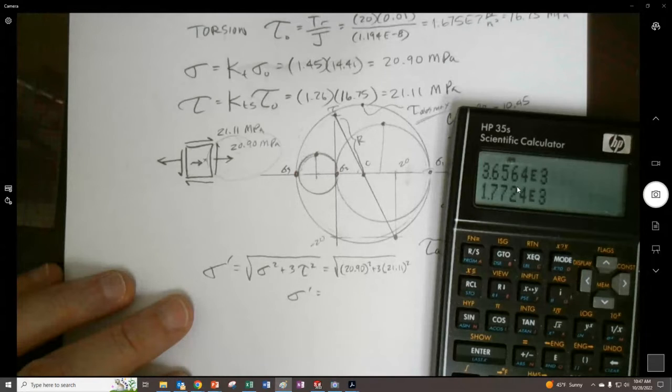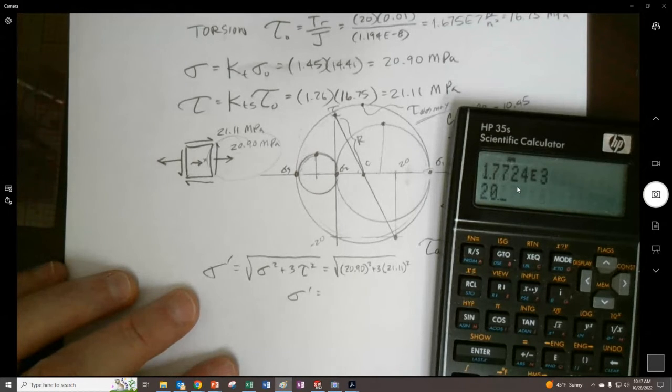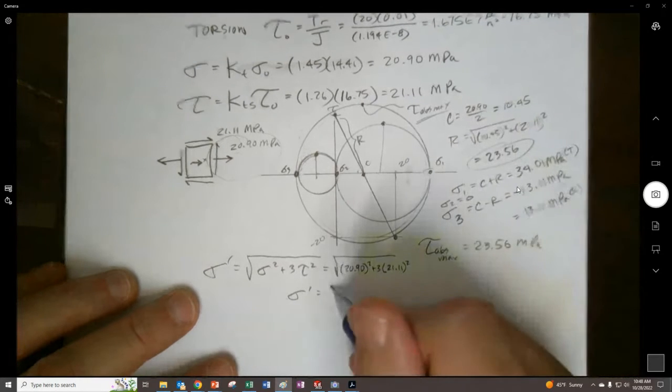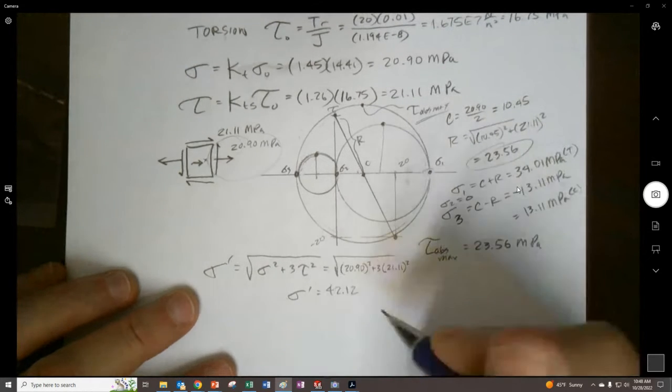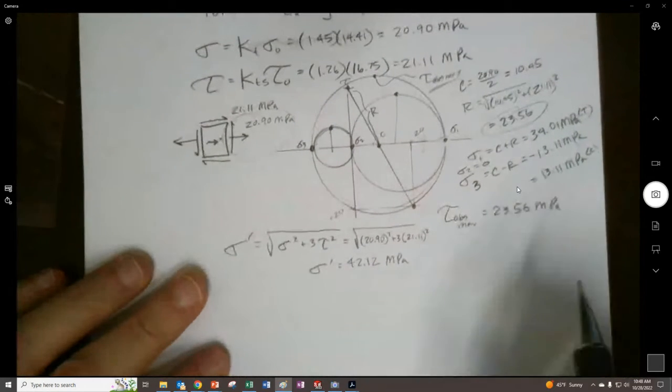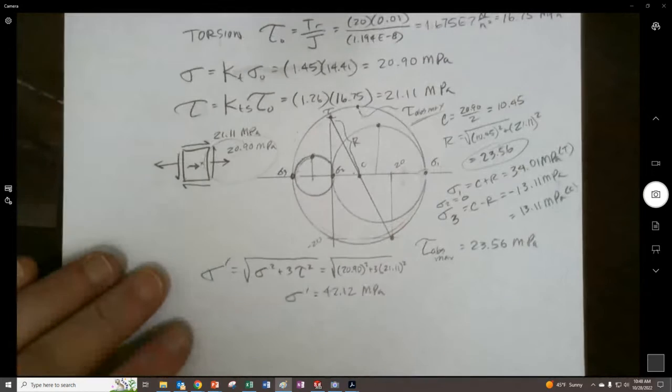How am I making a mistake? Oh, I know what I'm doing. All right, my brain is not functioning today. 42.11, that's what I had before. 42.12, I guess, megapascals.